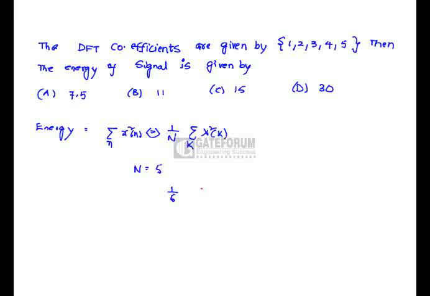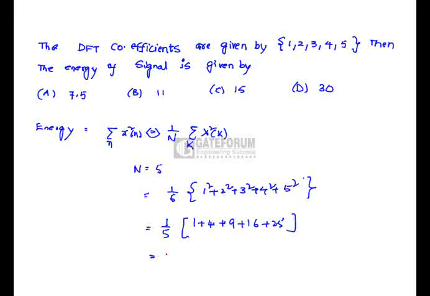So 1 by 5 times (1 square plus 2 square plus 3 square plus 4 square plus 5 square), which is 1 plus 4 plus 9 plus 16 plus 25, which is 55. 1 by 5 of 55 is equal to 11. That is, option B is correct.